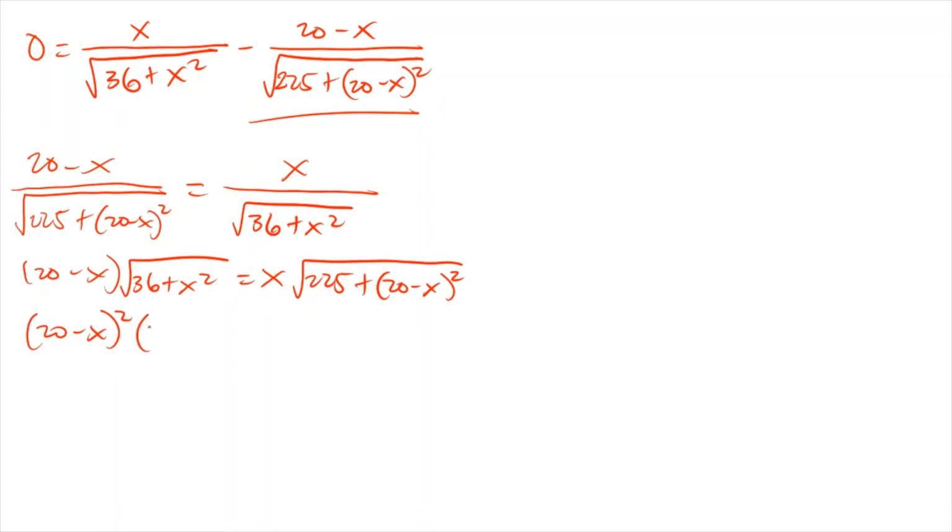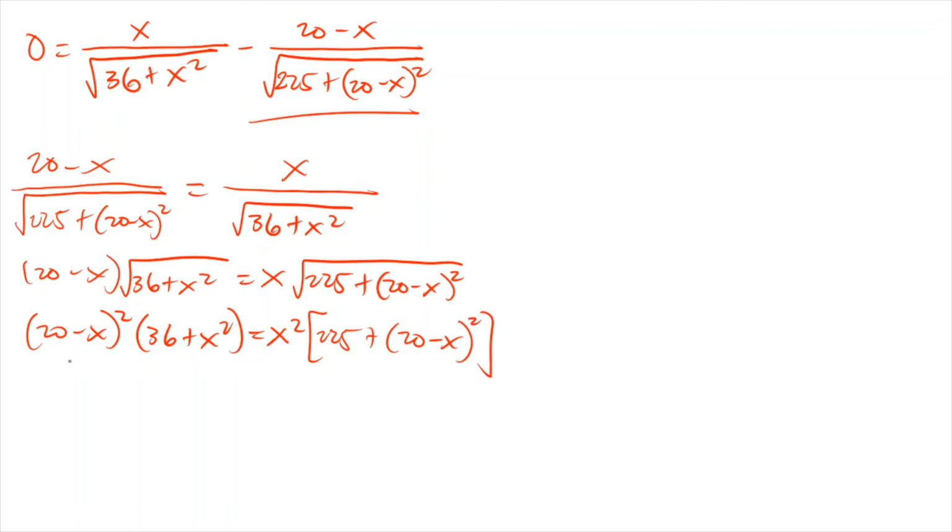This will be reduced to 36 plus x squared, right? Equals, this one becomes x squared, and then the radical will be eliminated, so 225 plus 20 minus x squared.